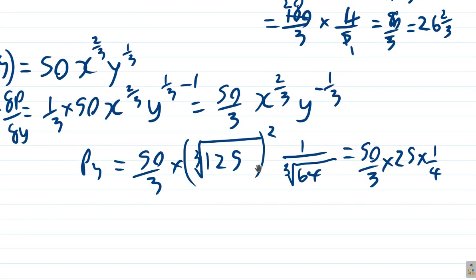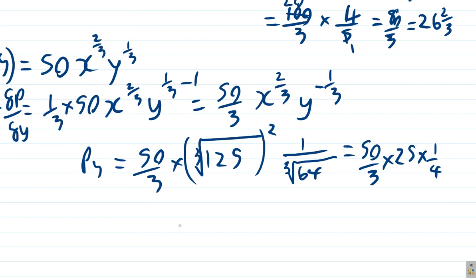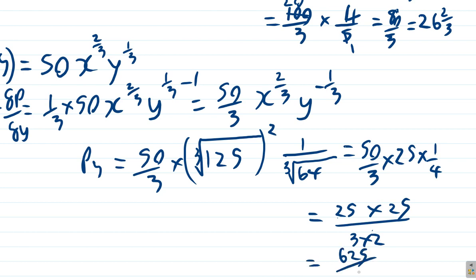So when you work this out, what do you get? 50 over 4. 2 into 50 is 25. So up top you have 25 by 25 over 2 into 4, which is 2, 3 by 2. So 25 by 25 is 625 over 6.